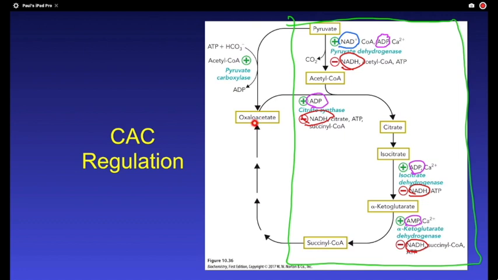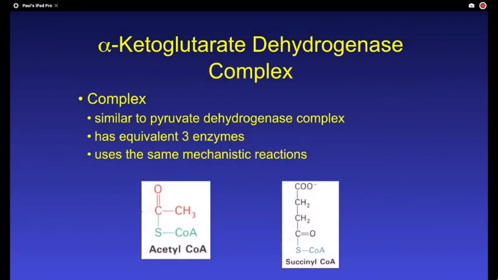If you don't have oxaloacetate, what happens to the whole circle? It stops. So we have to have an alternative way to get oxaloacetate, and we can actually take pyruvate and make oxaloacetate and pyruvate to make acetyl-CoA, and we can actually start the pathway just with pyruvate itself. All right? And so we are going to look at that particular process.